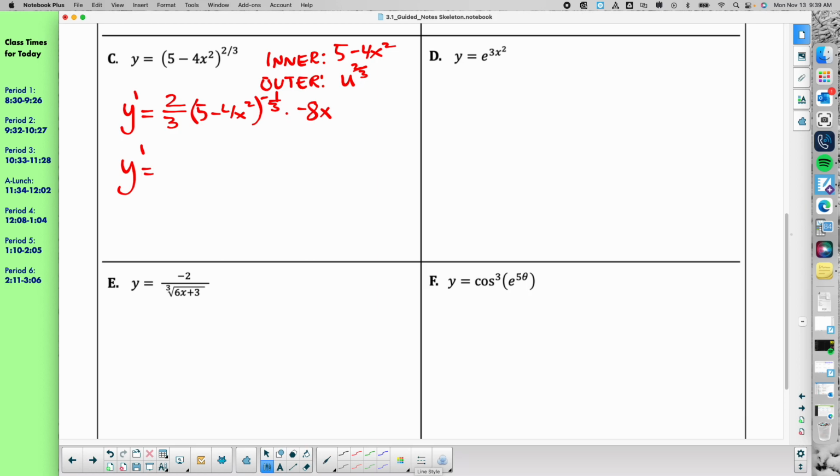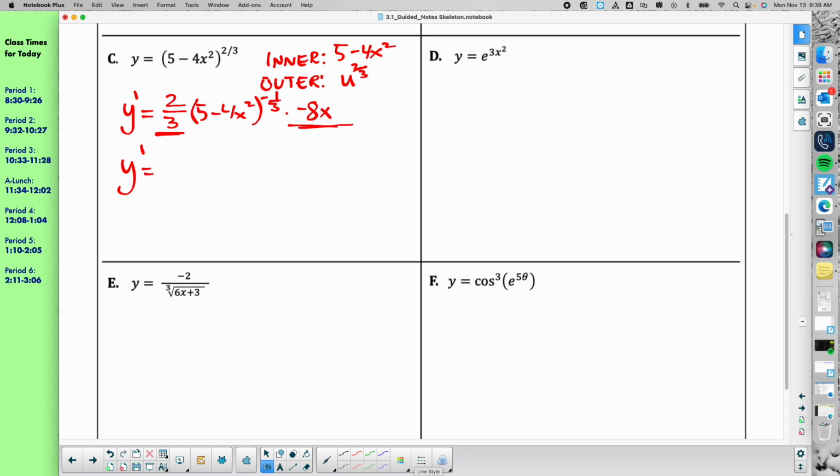Okay, can anything else go together? We could distribute the 2/3? It's actually the exact same reason you can't. With that power on there, we really can't do anything to the inside unless it's some sort of perfect cube.